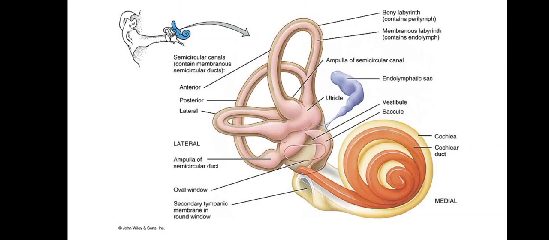The outer tube is made of bony material, which is known as the bony labyrinth, and inside it another tube is present, which is known as the membranous labyrinth. So the inner ear consists of three main parts: the semicircular canals, the vestibule, and the cochlea.